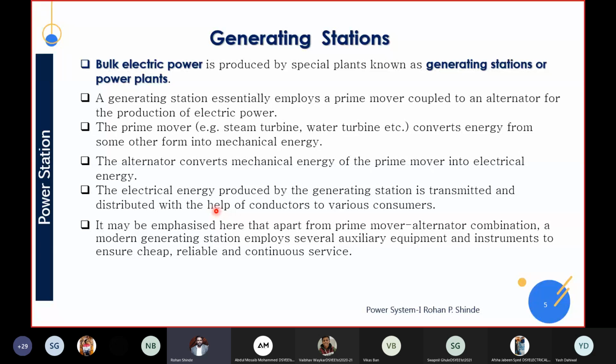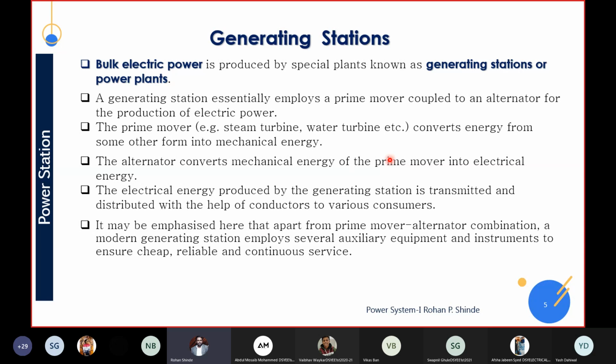So it may be emphasized here that apart from the prime mover and alternator combination, a modern generating station employs several auxiliary equipments and instruments to ensure cheap and reliable continuous service.